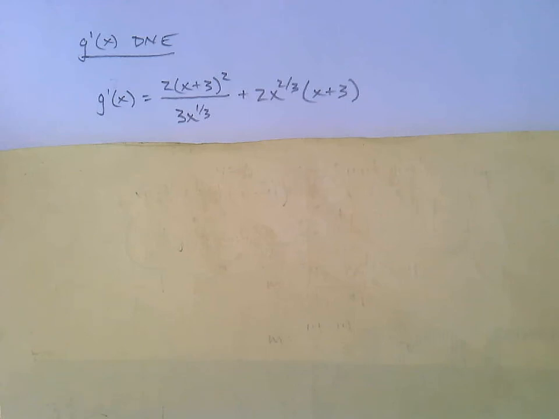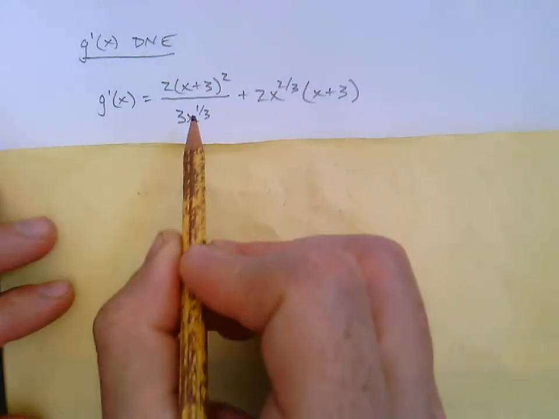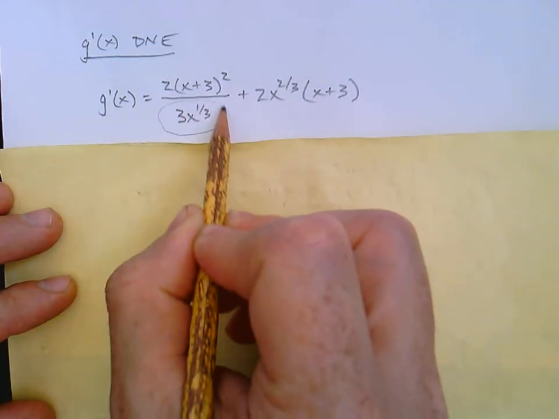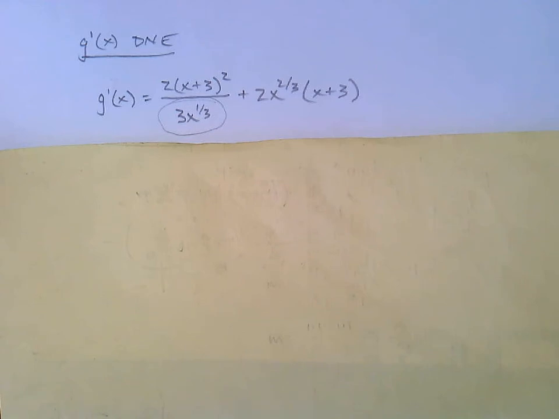And you look at that and you think, okay, just looking at it, we don't have to solve anything. Are there any values of x that would cause this g prime to be DNE, does not exist, or maybe a better word is undefined? Yes, we now have a denominator. If 3x to the 1/3 equals 0, then that's going to be undefined.